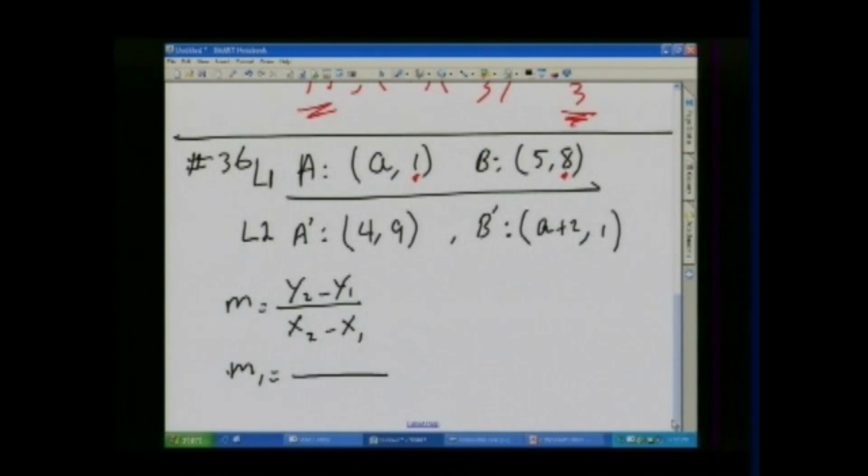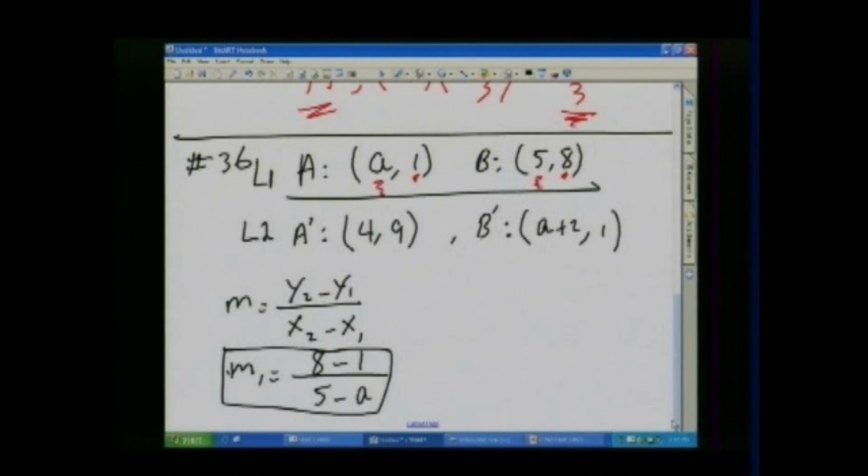So it would be 8 minus 1 divided by x2 minus x1. x2 is 5, x1 is a. So it would be 5 minus a. This is the slope m1, the slope of the first line.